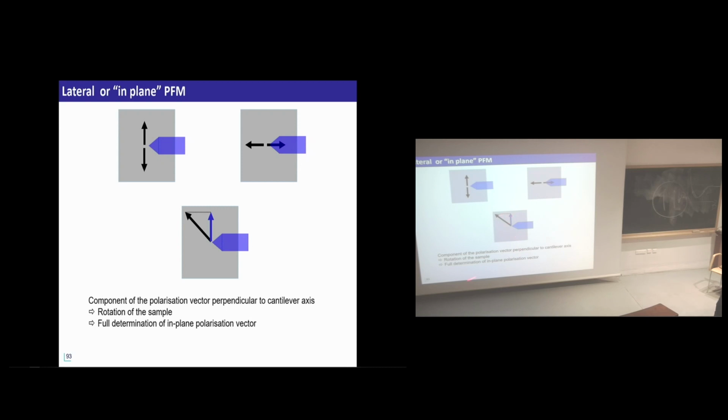If you rotate your sample by 90 degrees, you will have the other component, and then you have full determination of the in-plane polarization vector. Thanks to the out-of-plane PFM, you also have the out-of-plane component, and then you can reconstruct the whole vector of your polarization. This is called vectorial PFM.